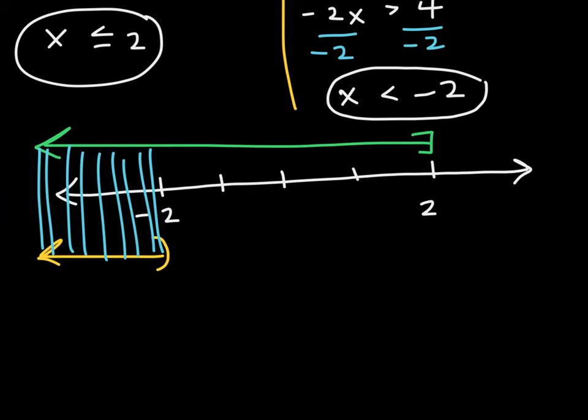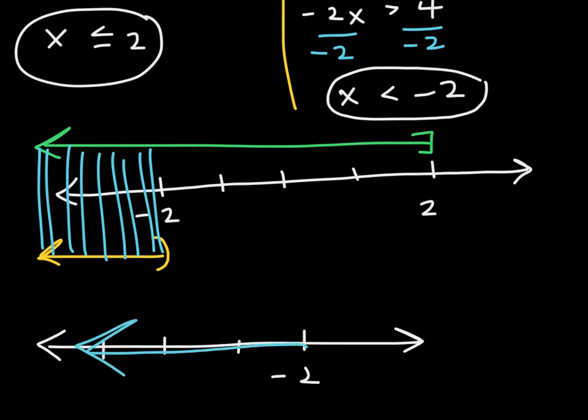So then a final picture can be this. If this is negative 2, then a final picture can look like this, from negative 2 that way. Now, a question I have for you is, should I put a bracket at negative 2 or a parenthesis at negative 2?